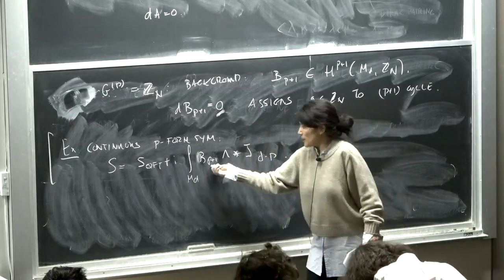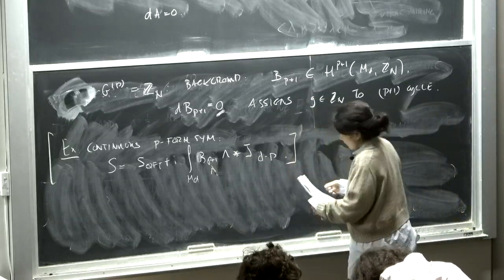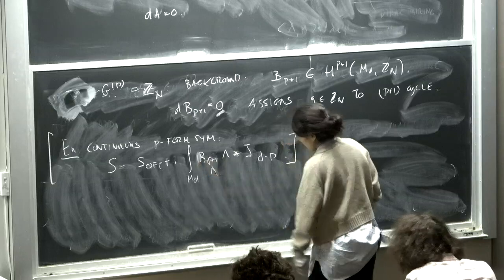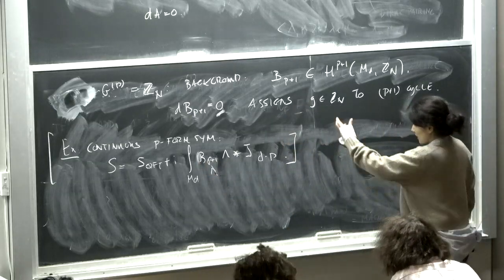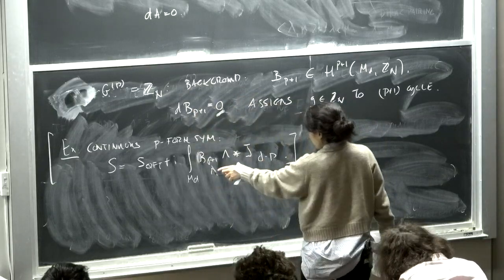And so then you can convince yourself that this is indeed the correct structure. You should have a background field for a p-form symmetry that is a (p+1)-form.